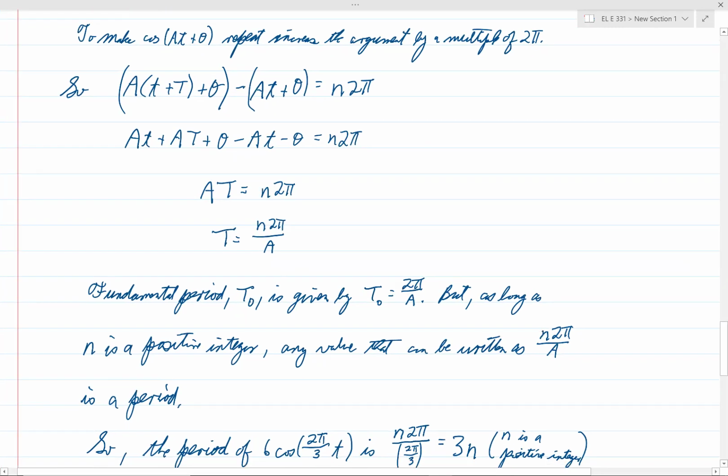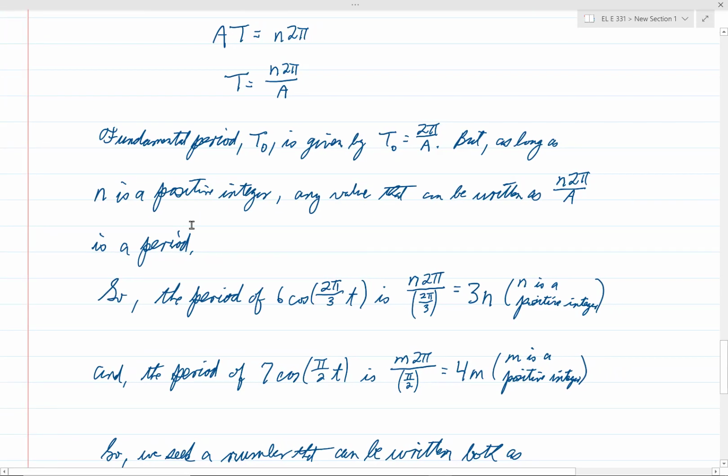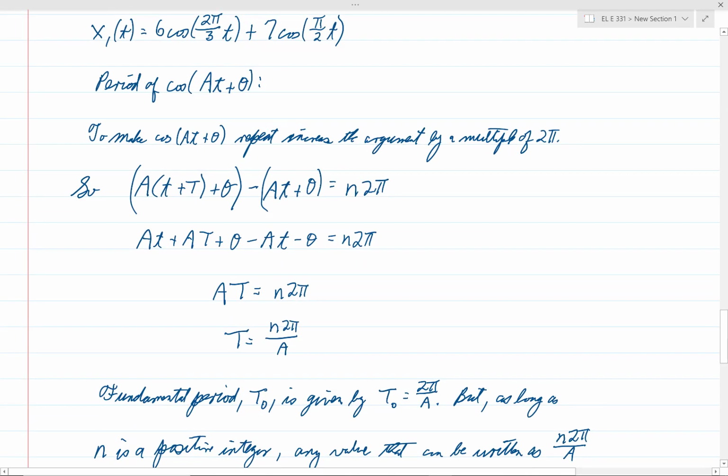Okay. So according to what we've just found out up here, the period of 6 times cosine of 2 pi over 3 t is n 2 pi. Remember, we just take n 2 pi divided by a, where a is the coefficient of t in the argument.